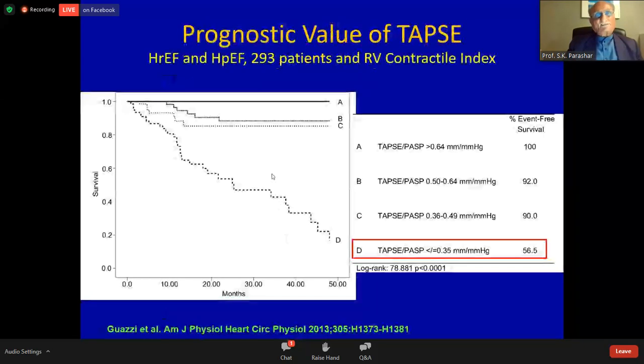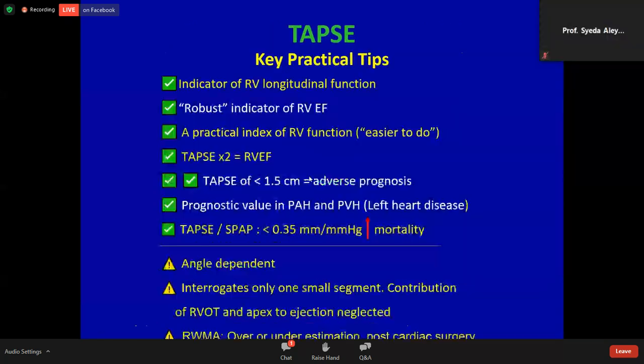This has been shown by a study in which the normal ratio was about 0.64, and as the ratio came down, the survival rate significantly decreased. When the value was less than 0.35, it indicated a very poor prognosis, so it is very easy to calculate, and you can get the whole prognostic factor within a few minutes.